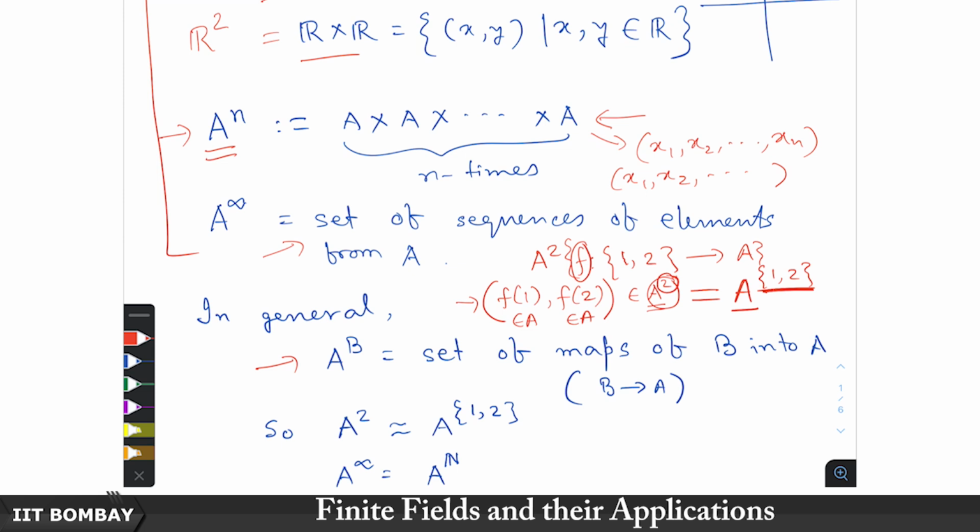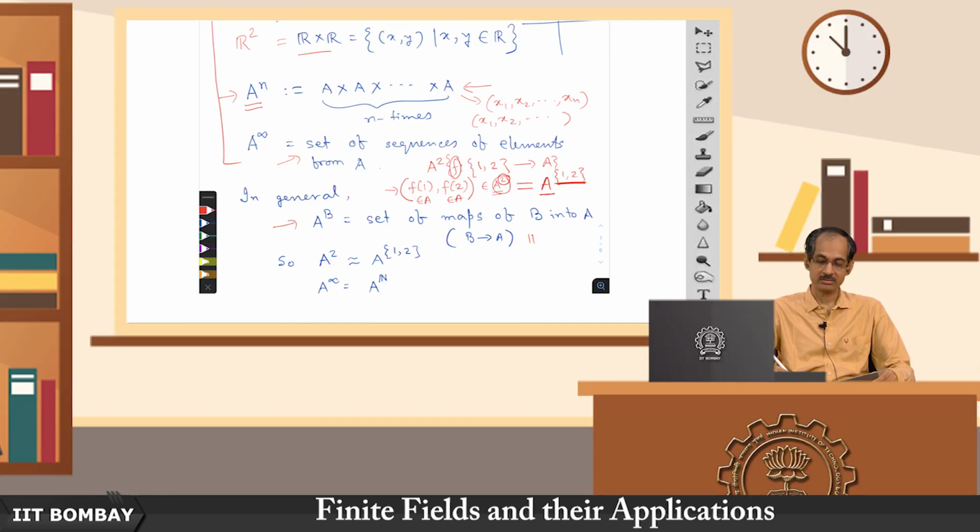So, if you take an arbitrary set B, A power B denotes the set of maps from B into A, and strictly speaking, it is what is called isomorphic to A power cardinality of B. If B has n elements, it is basically the same as A power n, because every map in A power B can be specified using an n-tuple from A.